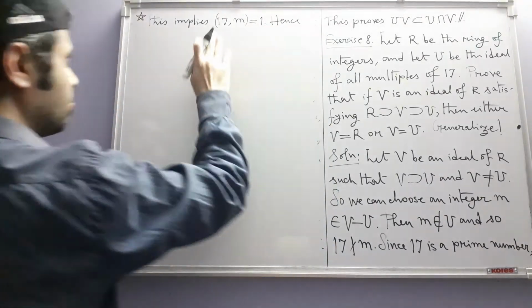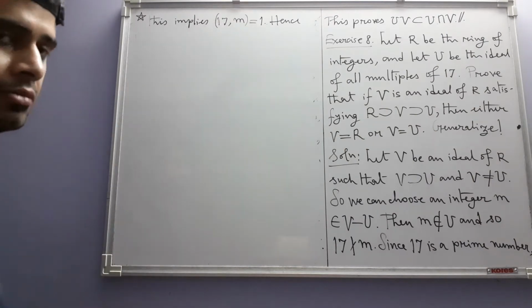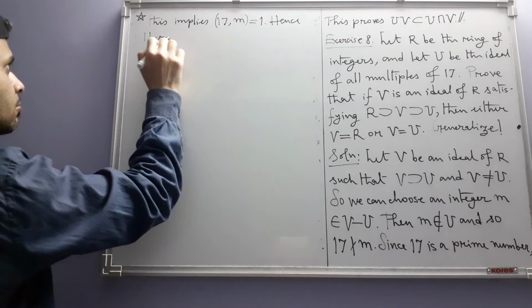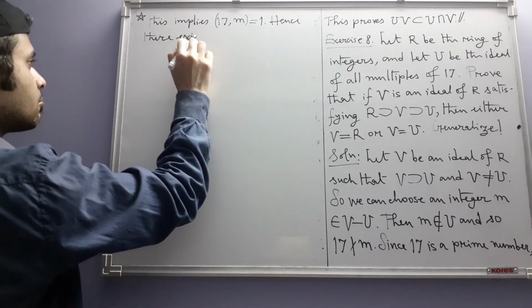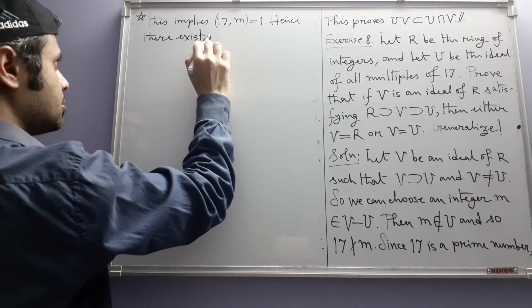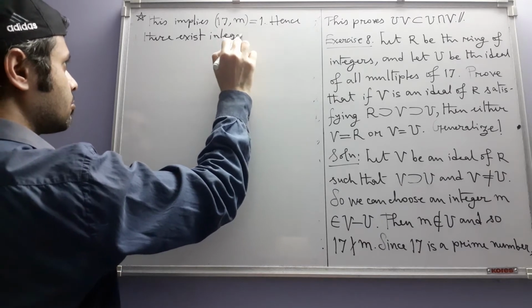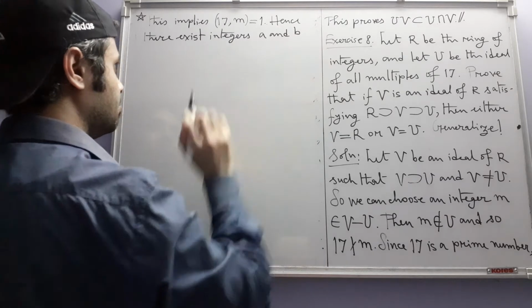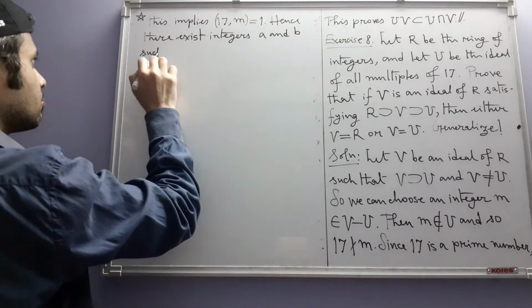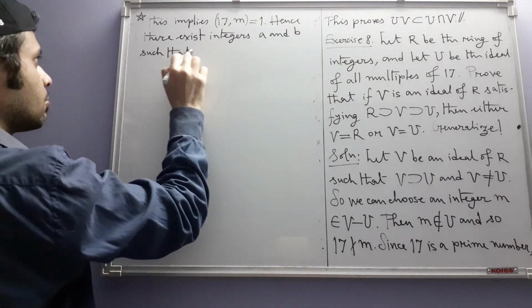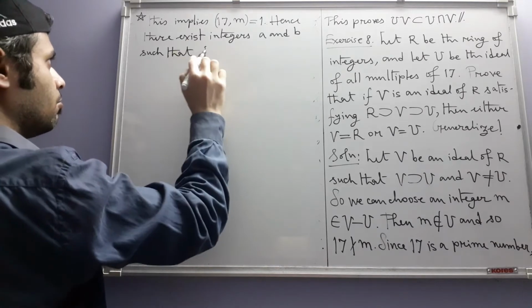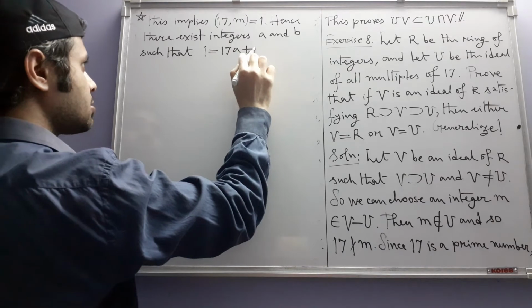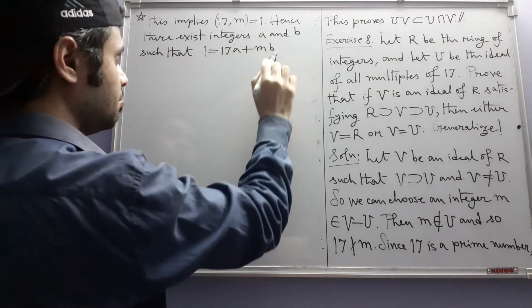and we also know what happens when we have this condition. Hence, there exist integers a and b such that 1 is equal to 17a plus mb.